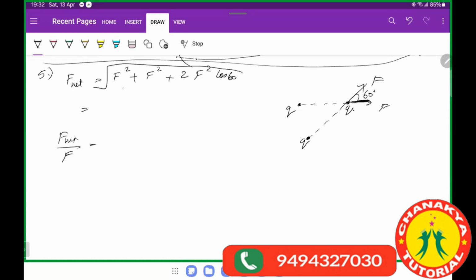So what is this one? 1, 2, 3, 4. Cos 60 is 1 by 2, right? So 1 by 2, 2 cancel. So total 3F square by F square, it will be root 3 by 1.